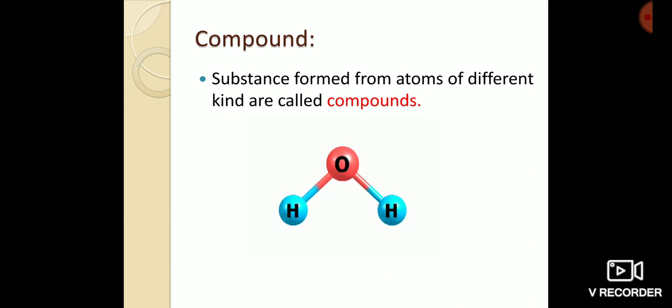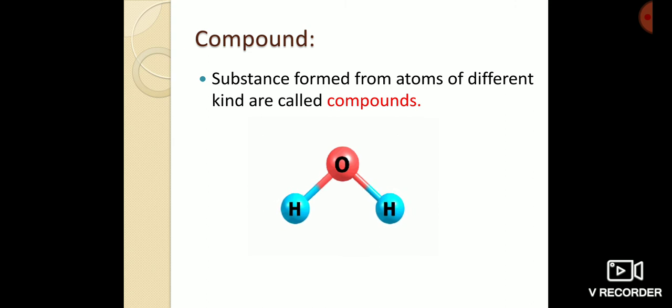So, the substances formed from atoms of different kinds are called compounds. Water is made of two elements, hydrogen and oxygen. So, water is a compound. Similarly, common salt.